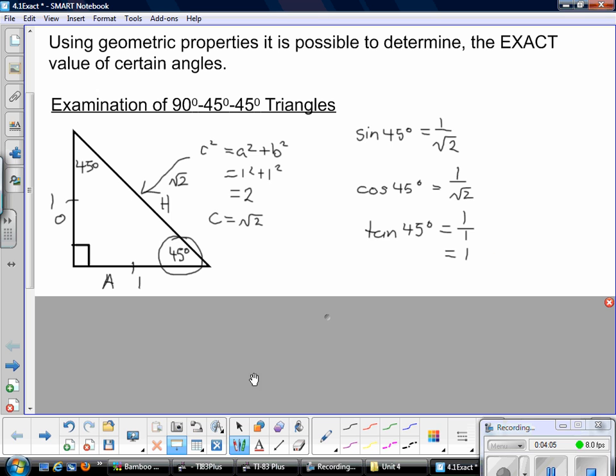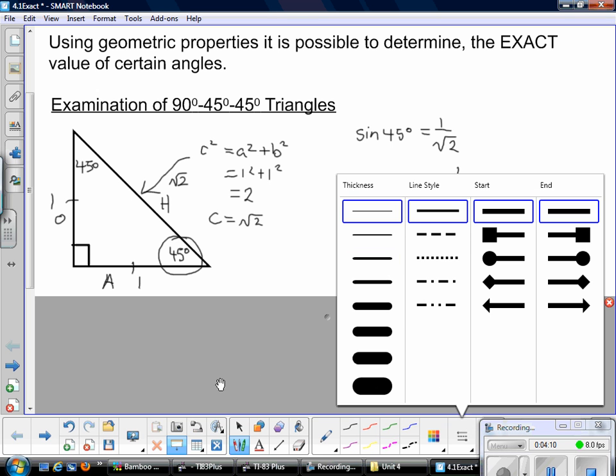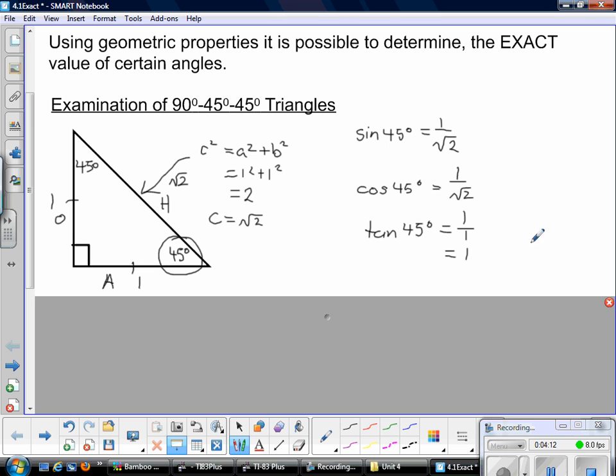So I actually have exact values, trig ratios, for that. Now, one thing I'm going to do, however: even though they've taken this part out of the curriculum for grade 11, grade 12, you're supposed to be able to do it. We don't like to have a root sign or radical sign on the bottom. So what do I have to do to get the root sign off the bottom? I would have to multiply both the top and bottom by root 2. I just have to do it for the sine and for the cos. By doing that, I get root 2 over, what's root 2 times root 2?